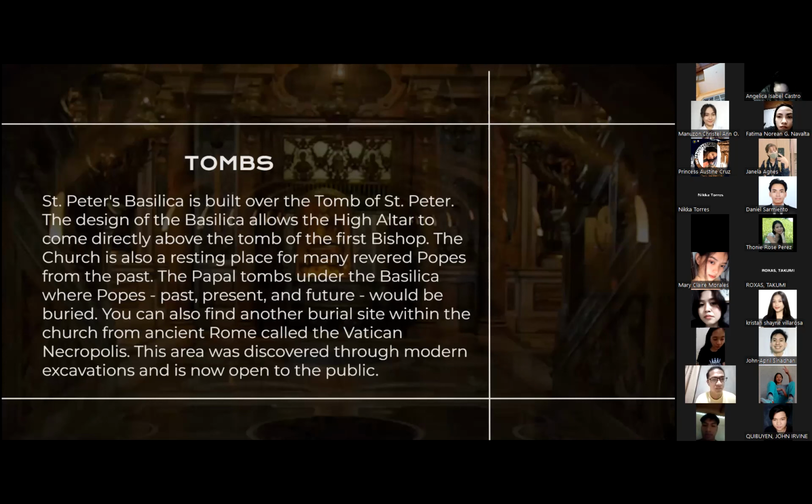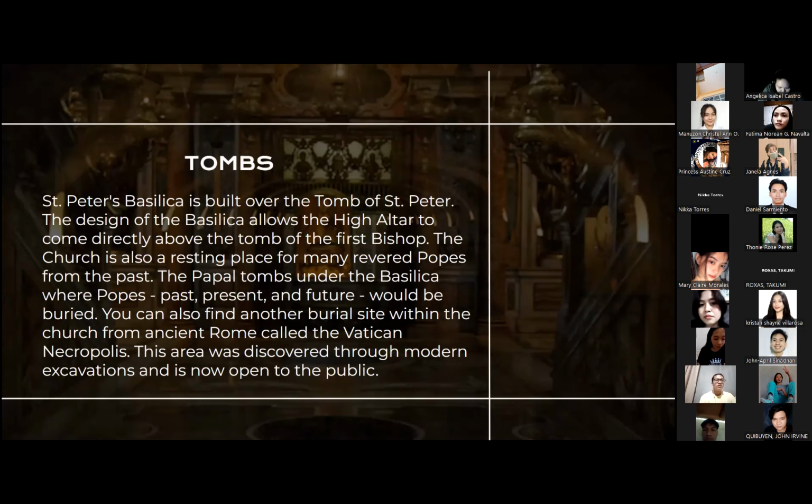Let's talk about tombs. The basilica is built on an ancient cemetery, and its crypts have become the resting places of popes for centuries, considered to be the first Pope, Saint Peter. There are 100 popes' tombs that can be found in the Vatican, which took about 120 years to complete.